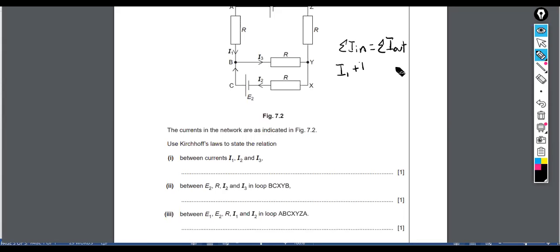I1 plus I2 equals the current coming out, I3. I1 plus I2 equals I3. That would be the relationship between the currents in the circuit.